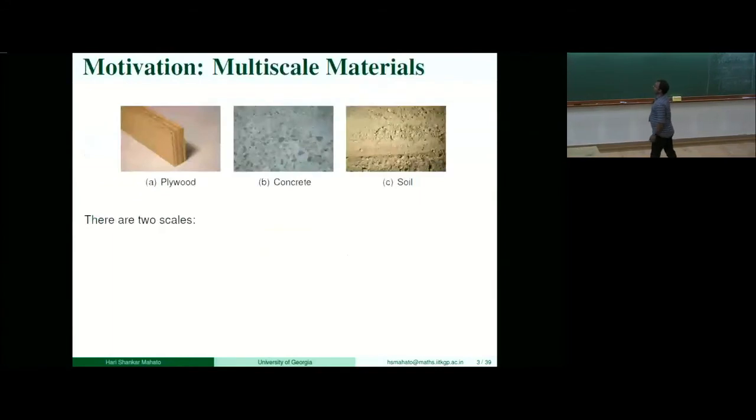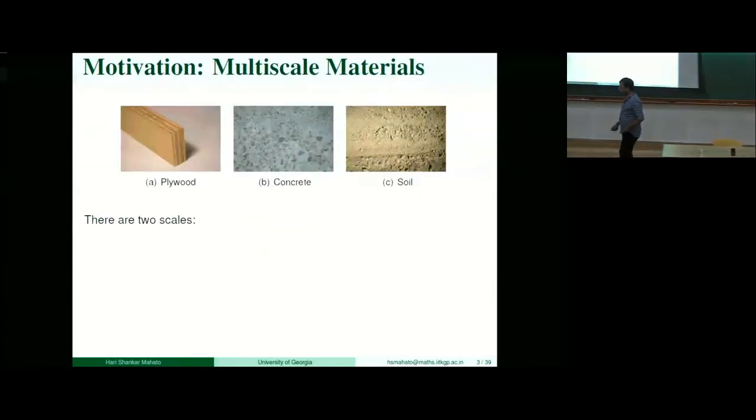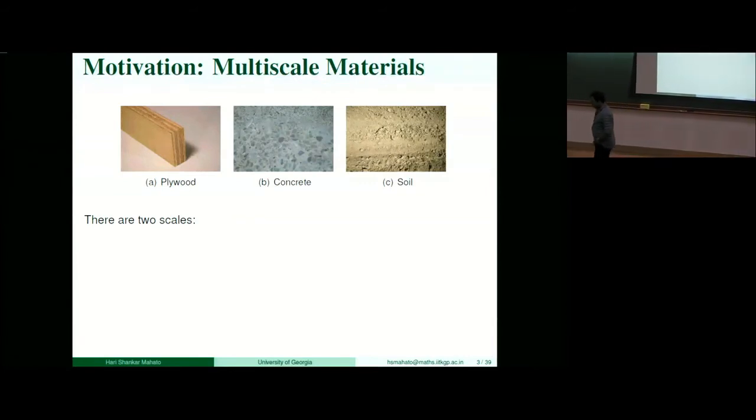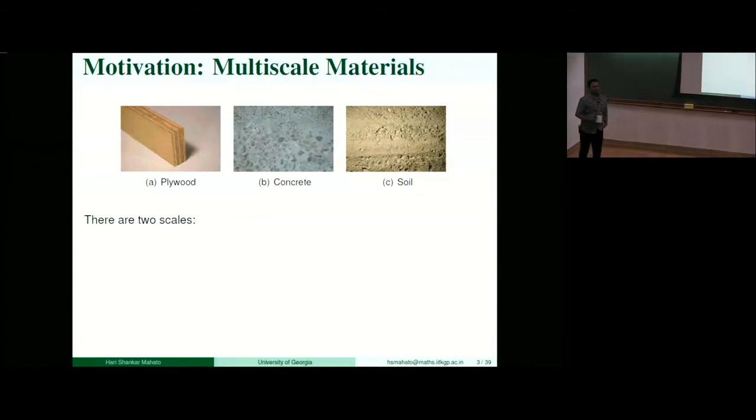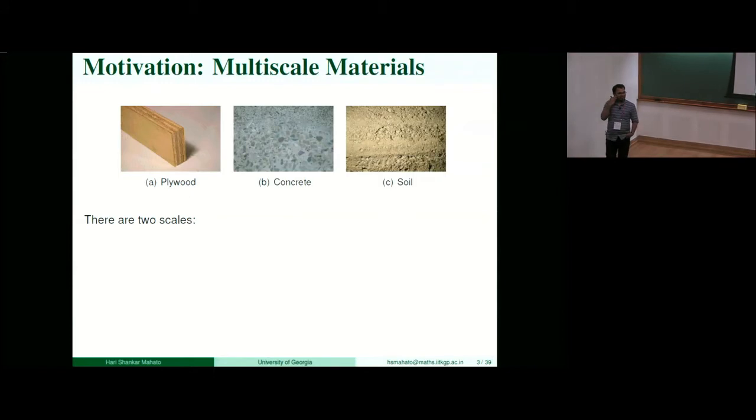So to begin with, just to give you a small motivation about multiscale modeling: during the late 60s or early 70s, when engineers were trying to make new materials, the idea was to mix two or three materials together to come up with a new material that is more durable and has more longevity.